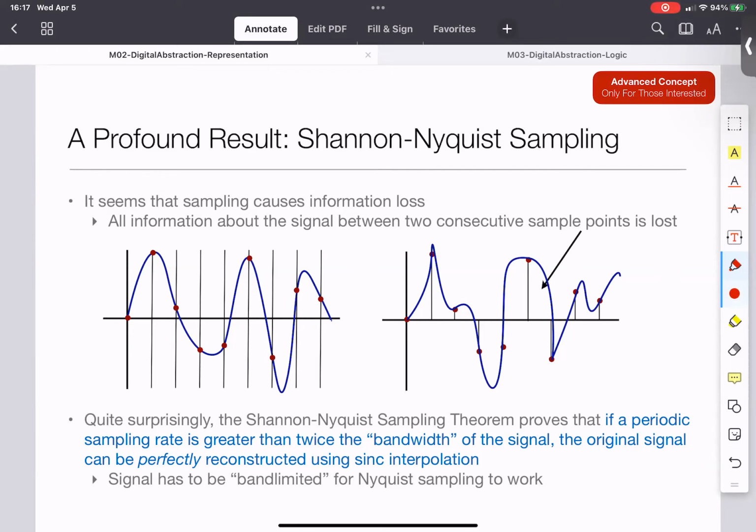What Shannon and Nyquist said was, if this gap out here was 2 times F max, where F max is the highest frequency component, and I was measuring these values very accurately, then I can reconstruct the original signal back.